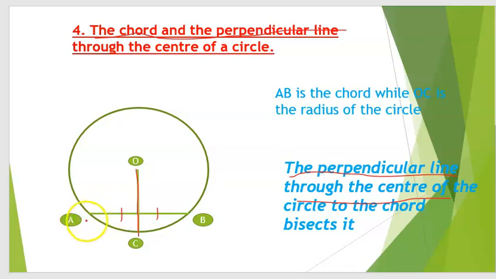So if the chord AB is 6 centimeters, here we are going to have 3, and here also is going to be 3 centimeters. So the perpendicular bisector of a chord passes through the center of the circle.